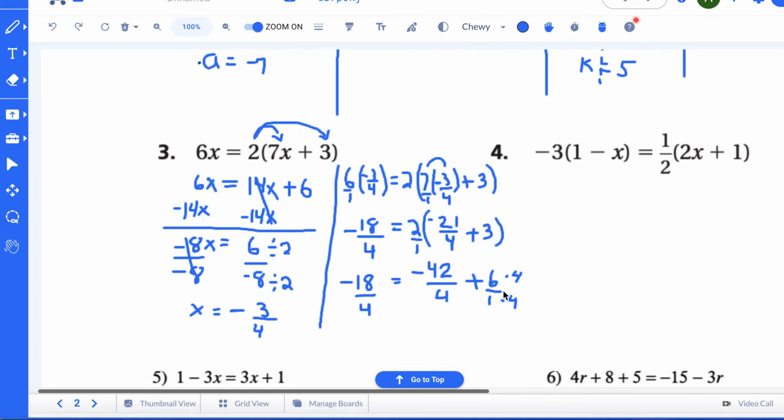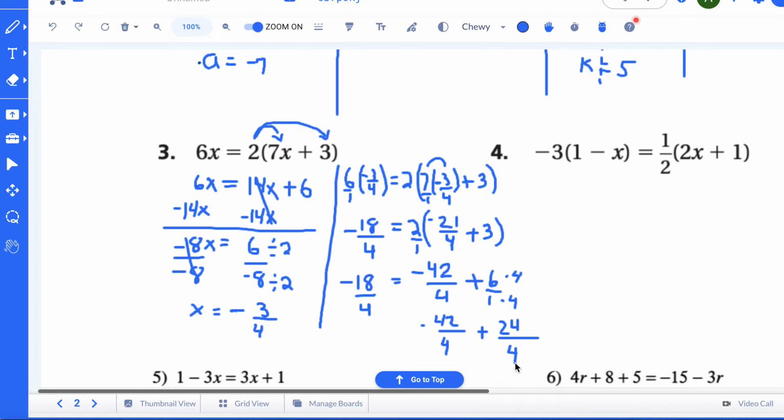And now I get negative 42 over 4 plus 6 times 4 is 24, and 1 times 4 is 4. So 42 minus 24, let me grab the calculator really quick, 42 minus 24 gives you 18. And it's negative because 42 has more negatives, so negative 18 over 4. Therefore my answer is correct over here on this one.